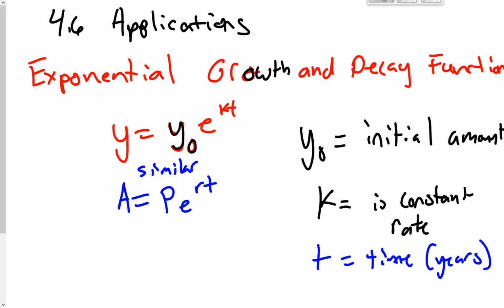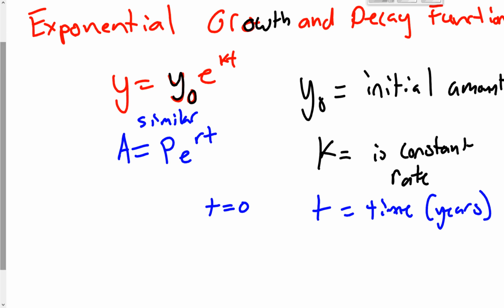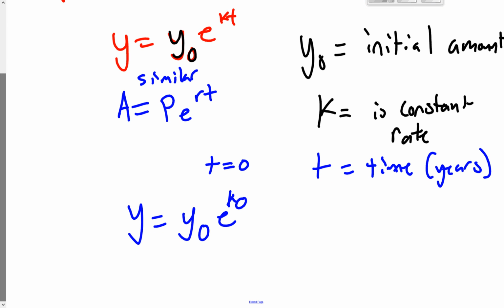And you notice that if t equaled 0, that'd be at time 0, or year 0. So if I plug that in, that'd be 0 times k. And what is 0 times k? That'd be 0, right?